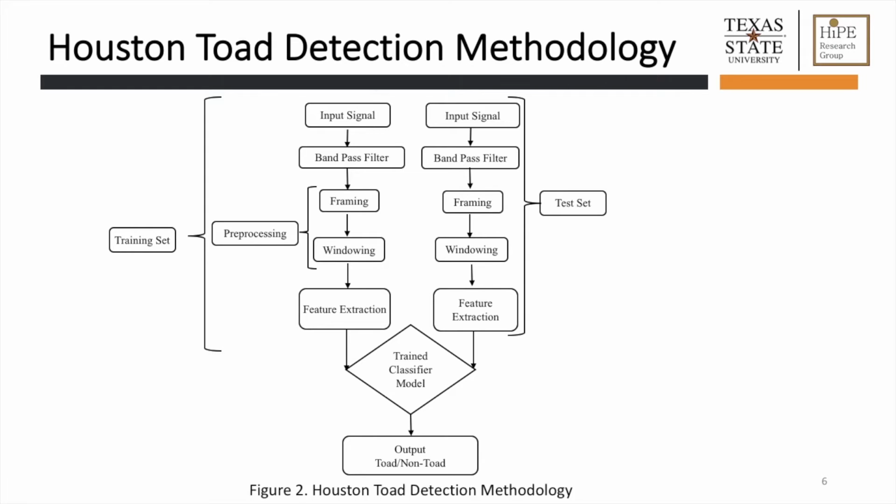After that, the output frames are feature extracted and trained with the input dataset. When the training is done, with the same procedure, the testing set is feature extracted and evaluated with the trained model for the output accuracy. Finally, the output is whether the audio call contains a toad or non-toad.